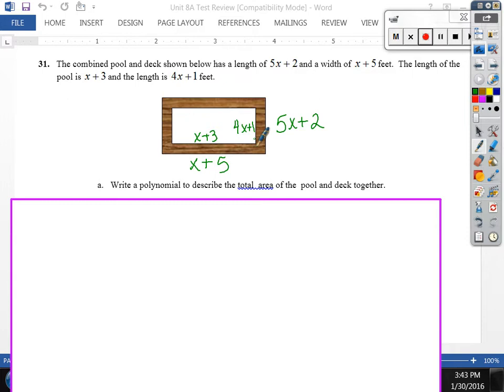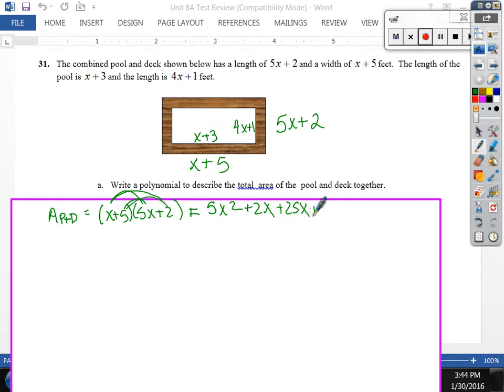Okay, so first thing we want to do is write a polynomial for the area of the pool plus the deck. So that would be x plus 5 times 5x plus 2. So x times 5x is 5x squared. x times 2 is plus 2x. 5 times 5x is plus 25x.